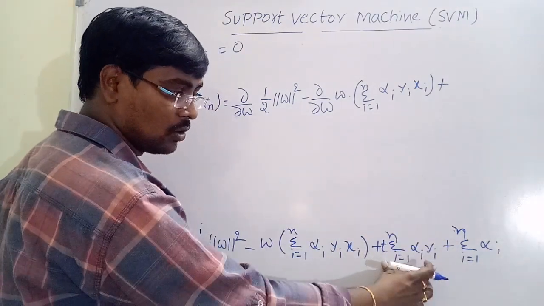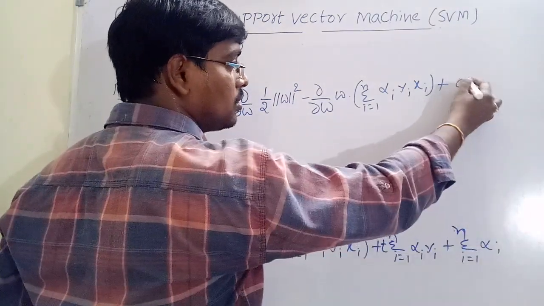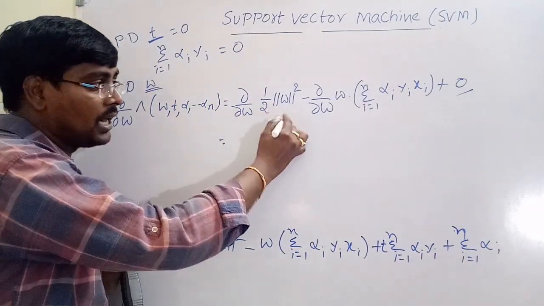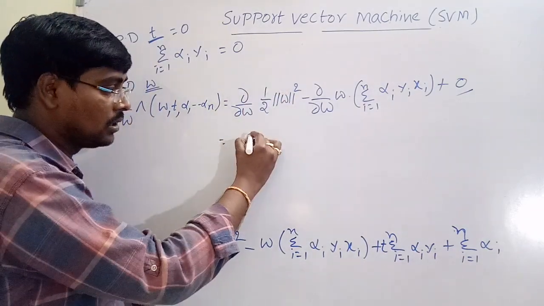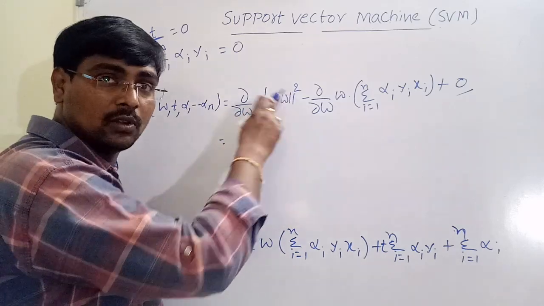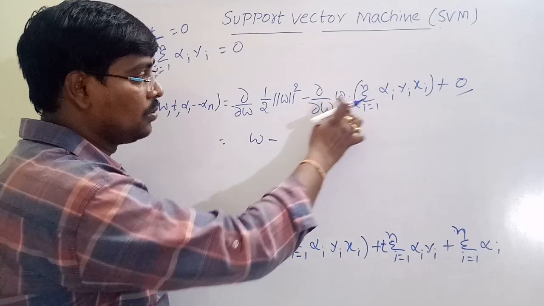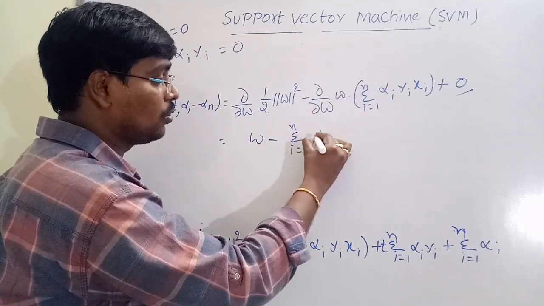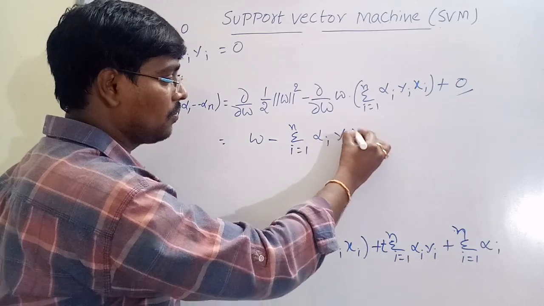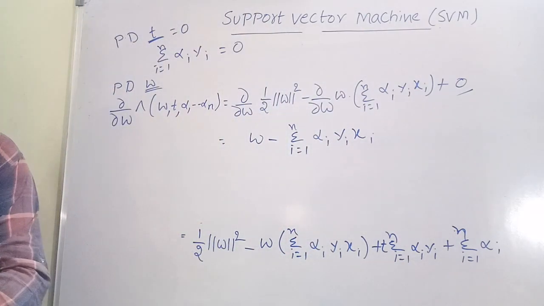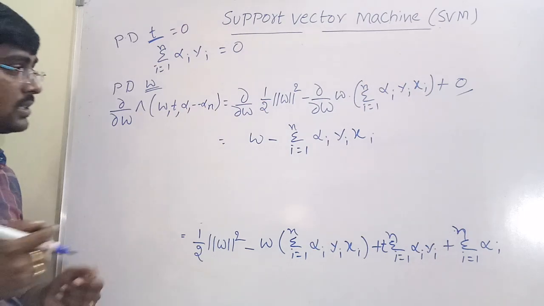Why? Because there is no w term. In 1 by 2 w into w, by applying partial derivation, the constant is removed, of 2 w's 1 w is left, so w minus sigma I equals 1 to n alpha I yi xi.